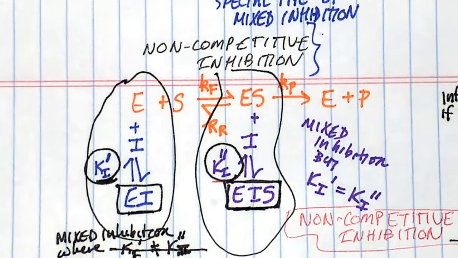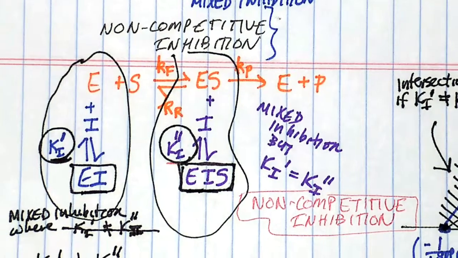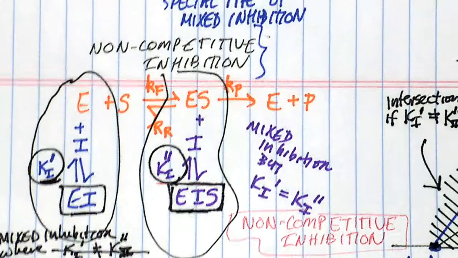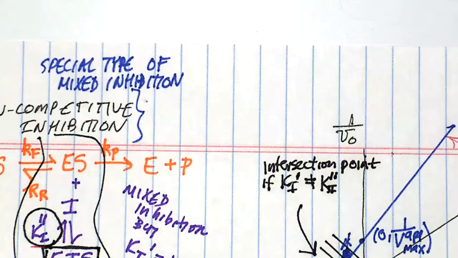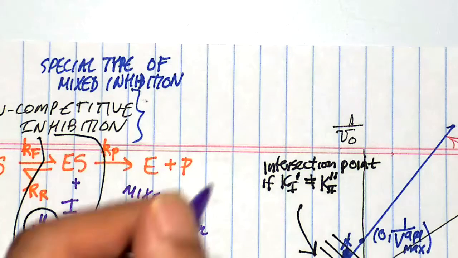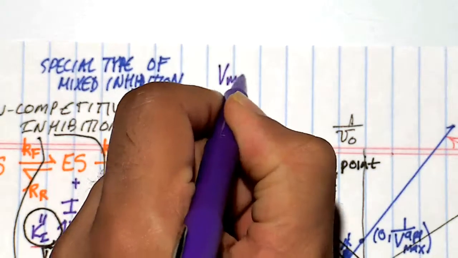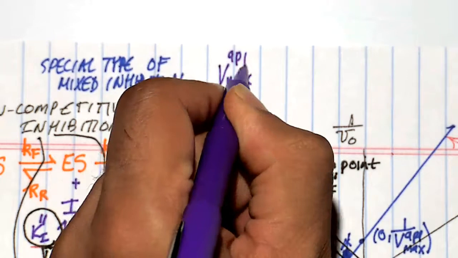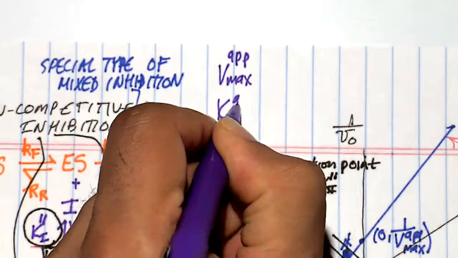All right, one final point is do not forget that we are talking about apparent Km and apparent Vmax. Anytime there is the introduction of an inhibitor into the mix and we want to quote a Km or Vmax, please use apparent Vmax and apparent Km.